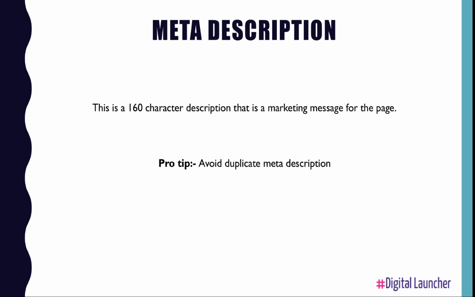Assume that you are going to write an ad copy for your product or service. Keep that in mind and write your meta description and make sure to keep it under 160 characters. And try to avoid duplicate meta descriptions. Means if you have multiple pages, don't repeat the same words in any of your meta descriptions.